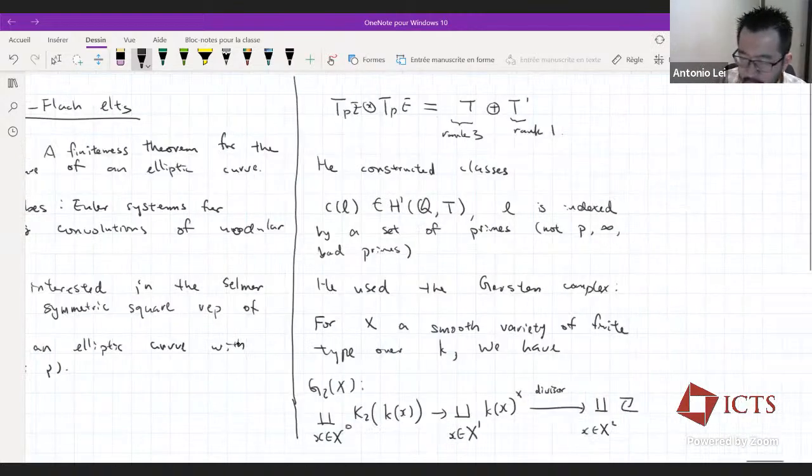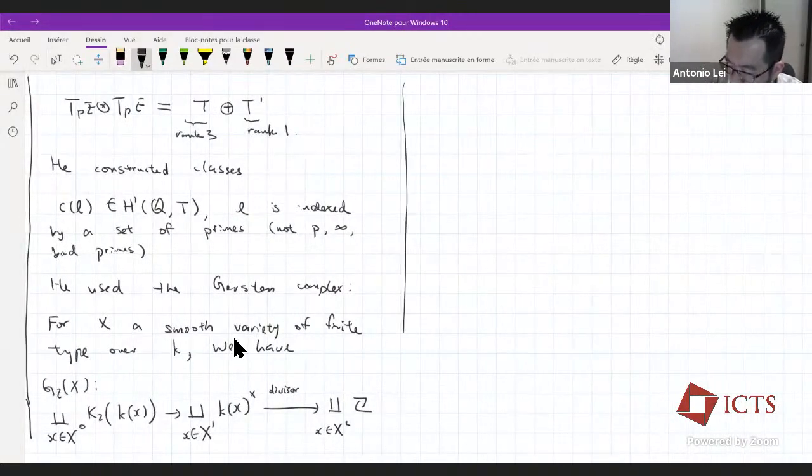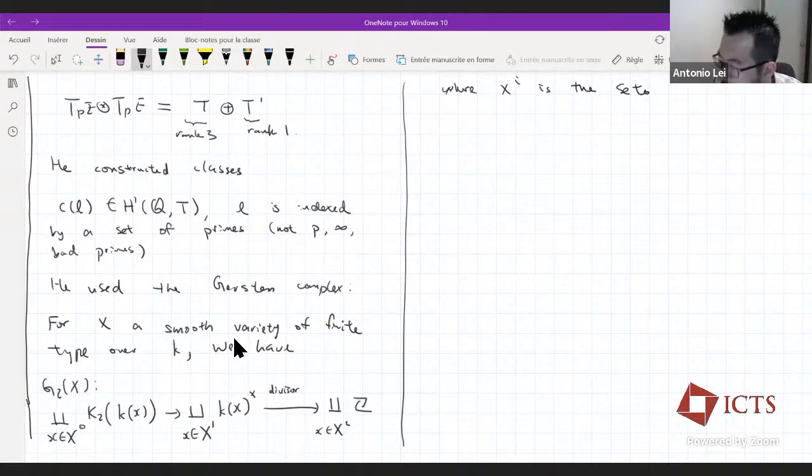Okay, so the complex is like this. And here X_i is this set of points of codimension i.